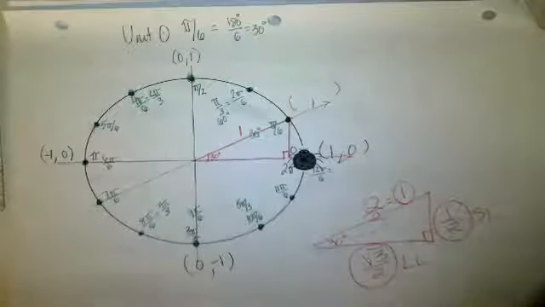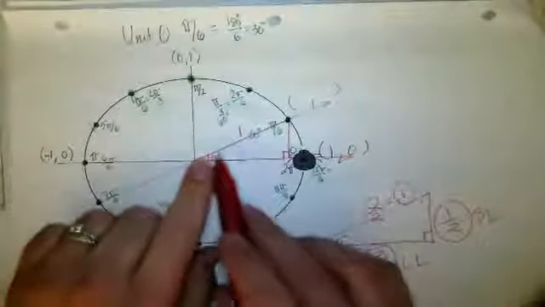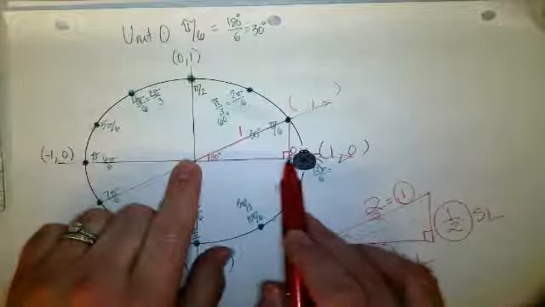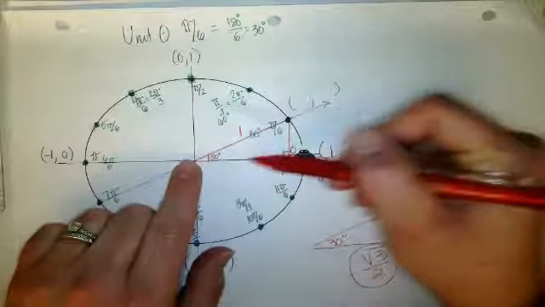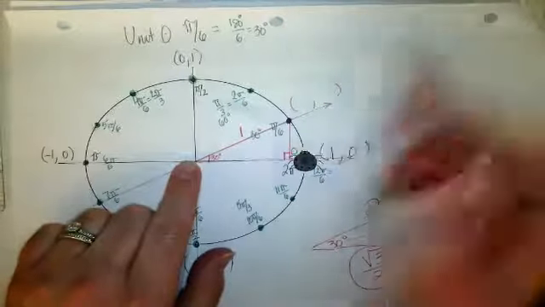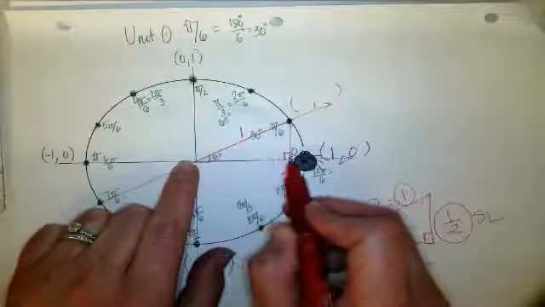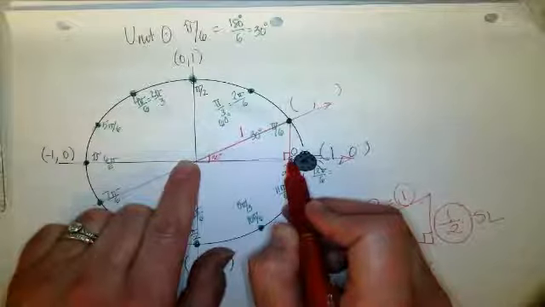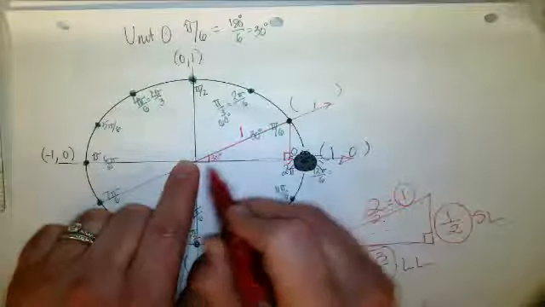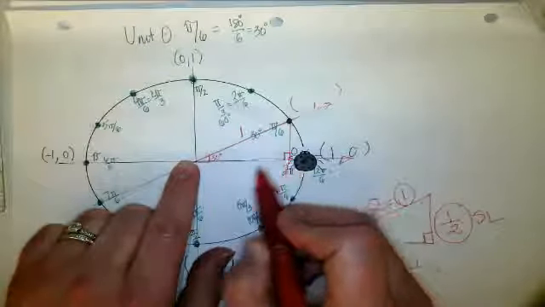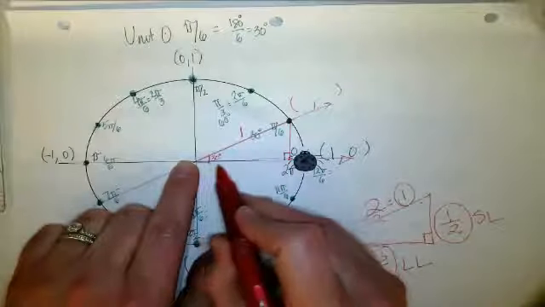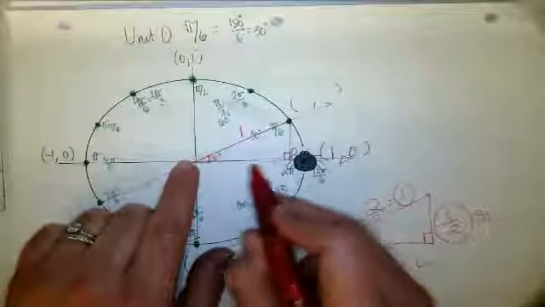Now, when you look at this triangle that I created, which is called a reference triangle, can you see this leg? Is it the long leg or the short leg? That one's long. This is adjacent to 30, so this is the long leg. And how long is this long leg?